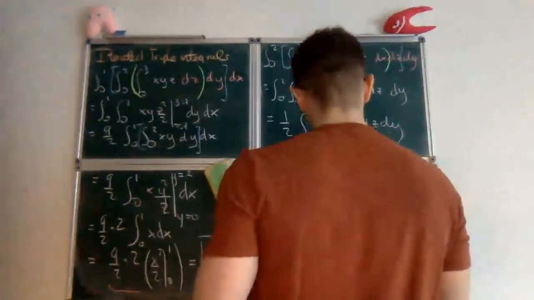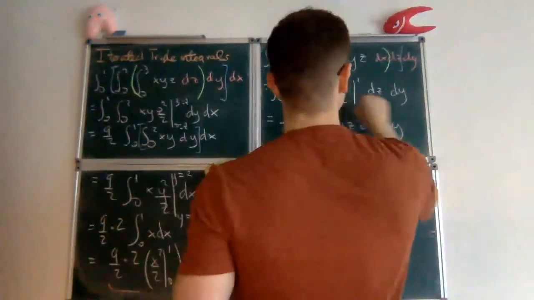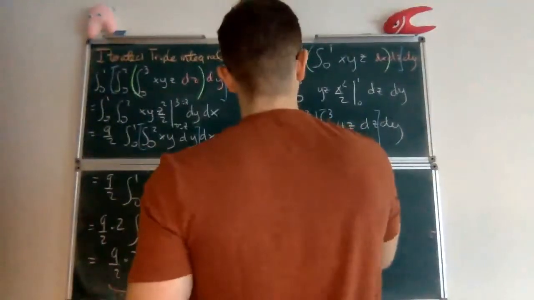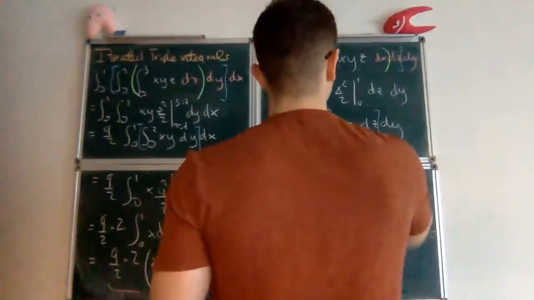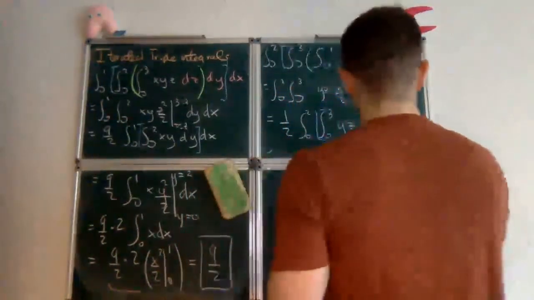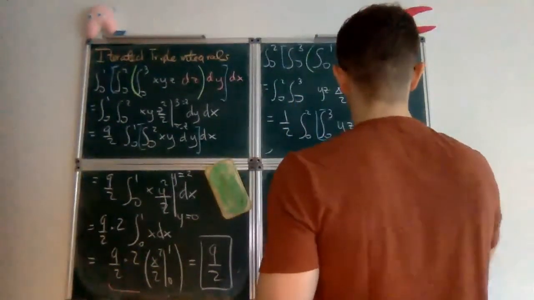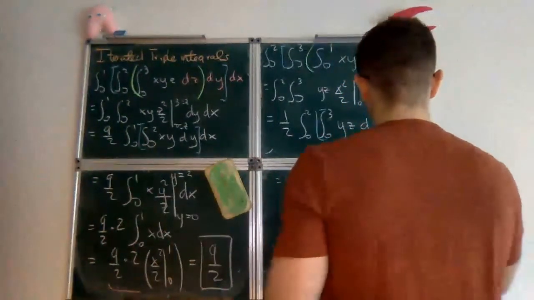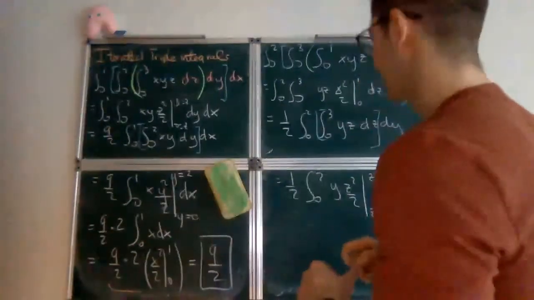And again, now we're integrating first with respect to z. So y is like a constant, so you get 1/2, 0, 2, y is a constant, so you get y, z squared over 2. This is being evaluated at 0 and 3. And whatever you get, you will integrate with respect to y.